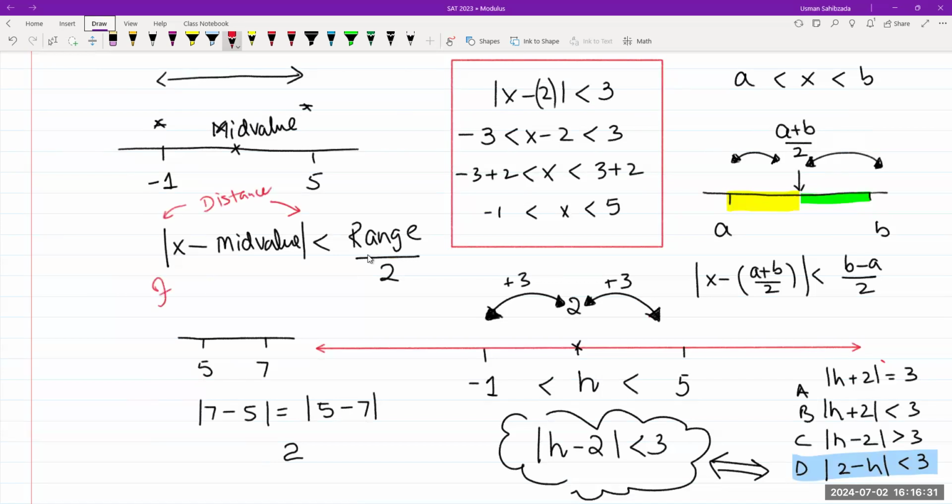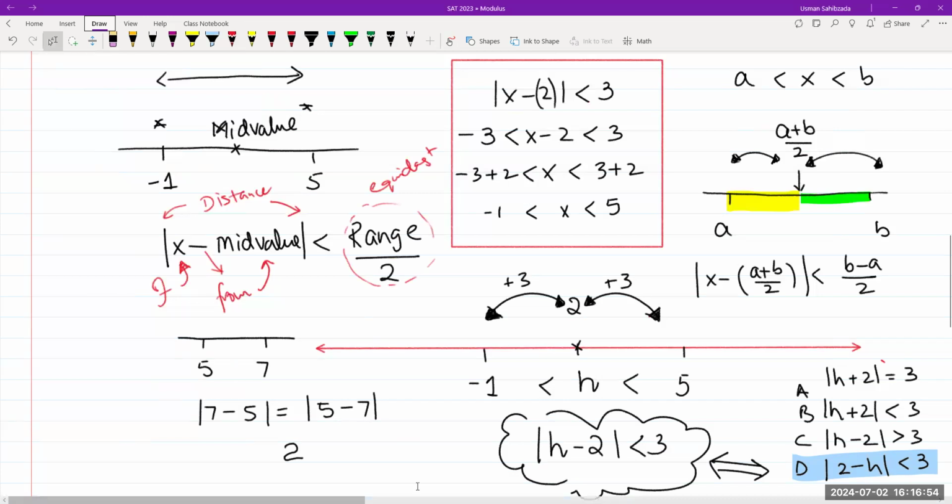Distance of this guy, of X. The minus means from. From where? From the mid value, whatever's in the middle. And this range over 2 is like the equidistant spread, with wings on both sides.